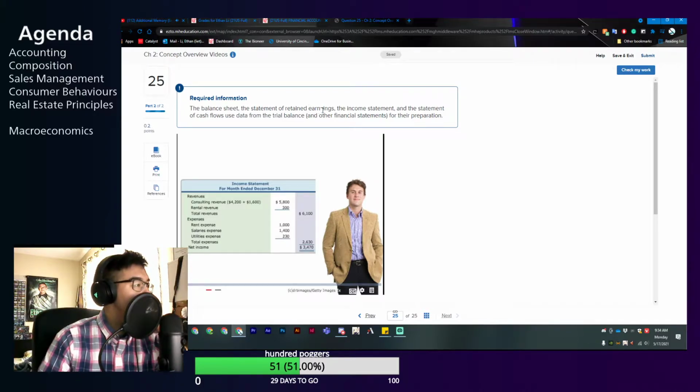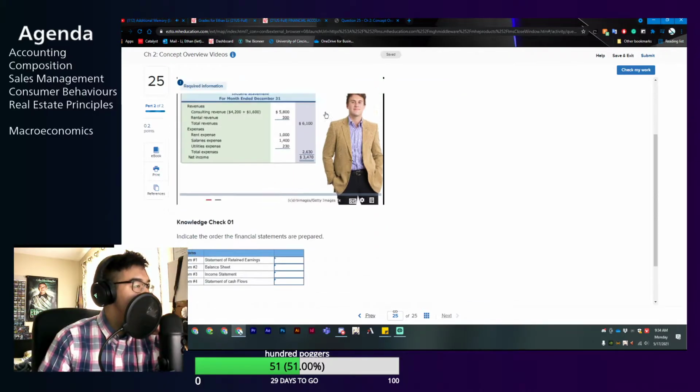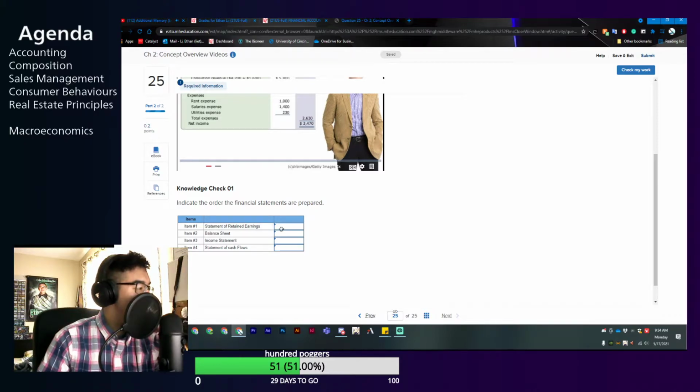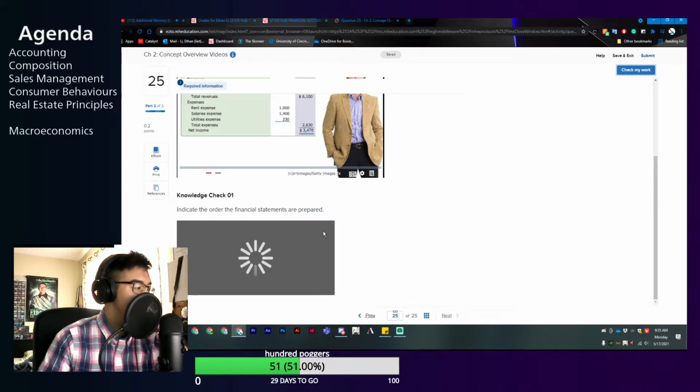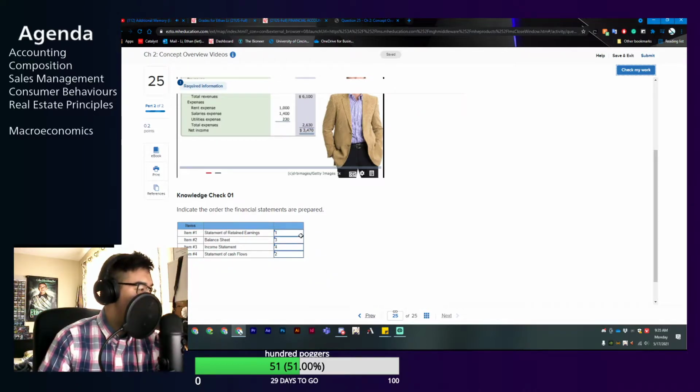Earnings. Alright, what order? This is first, then cash flows, then balance sheet, then income statement, I think. 3 and 4 might have been switched. Oh, or all of them are wrong. Okay, wait.